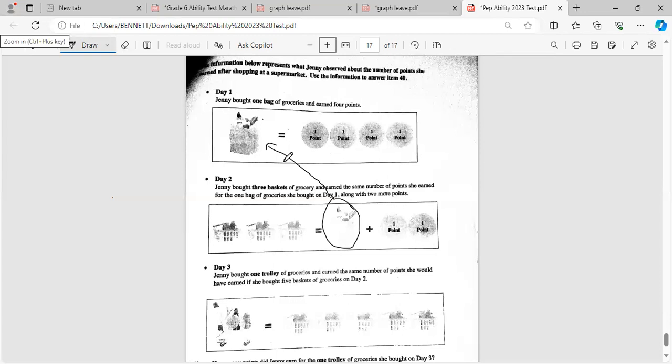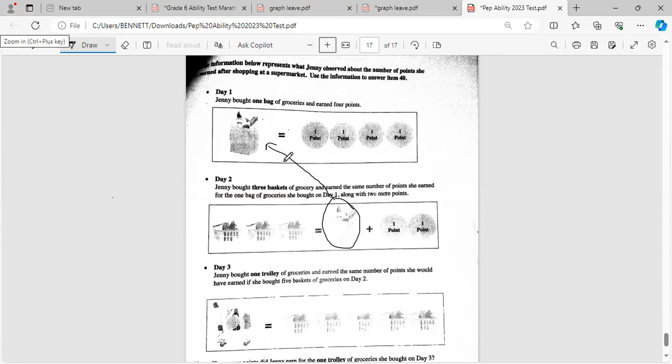Day 3, she bought 1 trolley of groceries and earned the same number of points she would have earned if she bought 5 baskets of groceries on day 2. So this is a trolley, and this is 3 baskets.